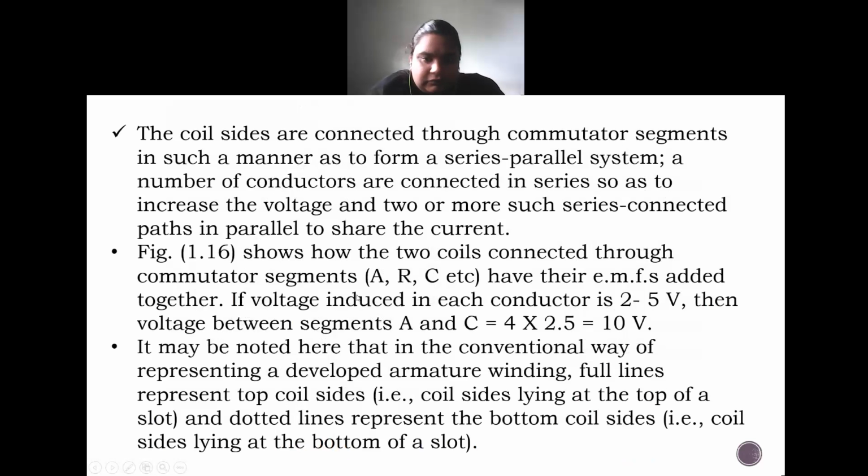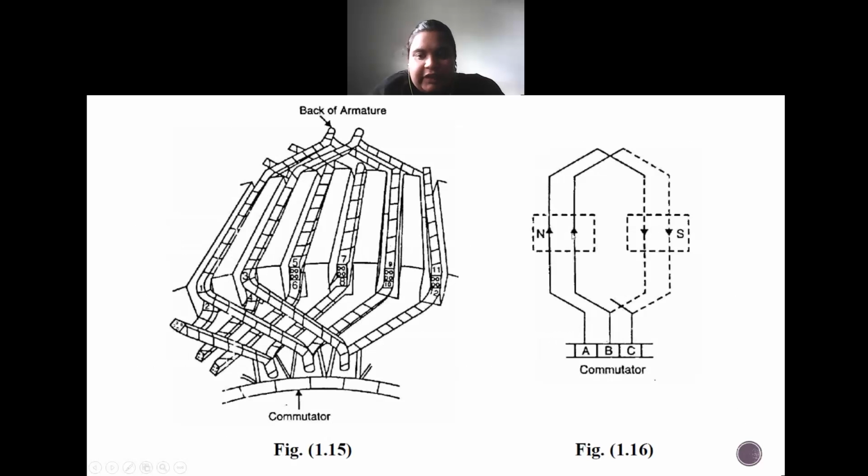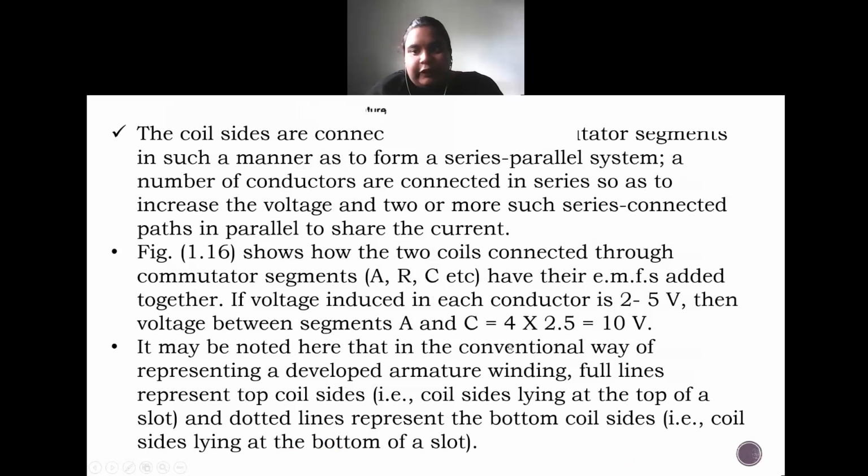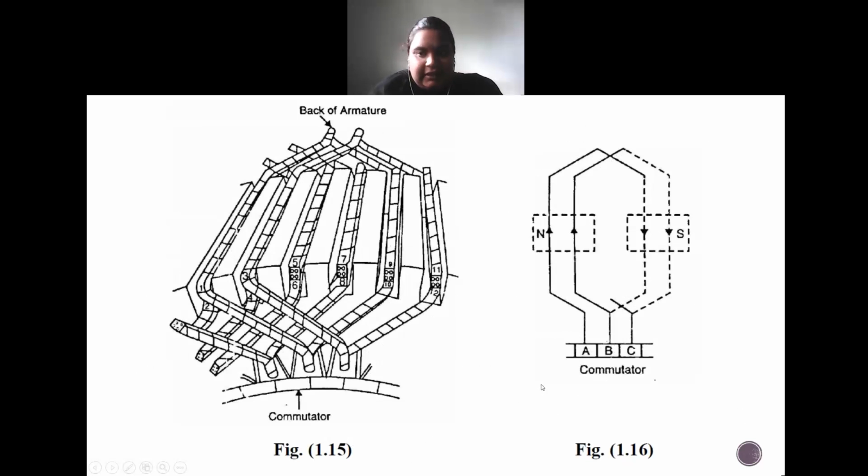Now if the voltage induced in each conductor is 2.5 volts, then the voltage between the segments A and C is 4 into 2.5, because we have two conductors per side of the upper pole. So 2 into 2, 4. 4 into 2.5, 10 volts will be generated between the segments A and C.